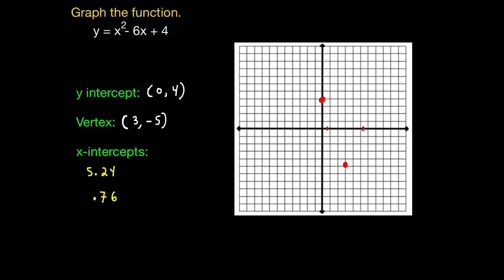Now, I'm also going to create the axis of symmetry by running a line through the vertex here. And I'm doing this because I want to reflect the y-intercept. So this is 3 units away from the axis of symmetry, so the reflection also has to be 3 units away. And we have a sketch of the parabola.